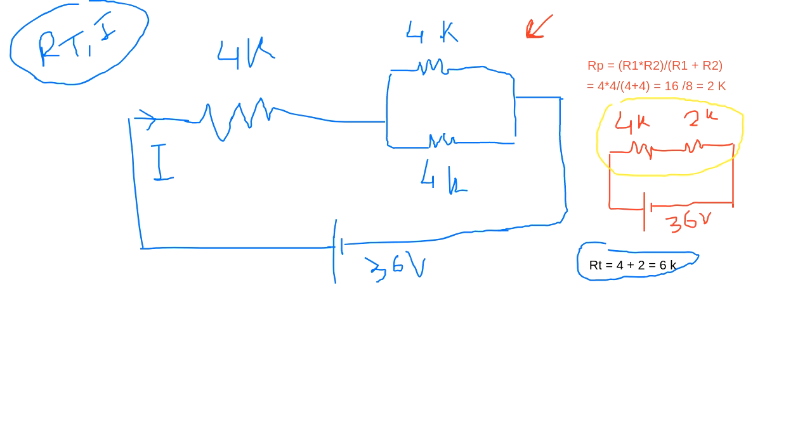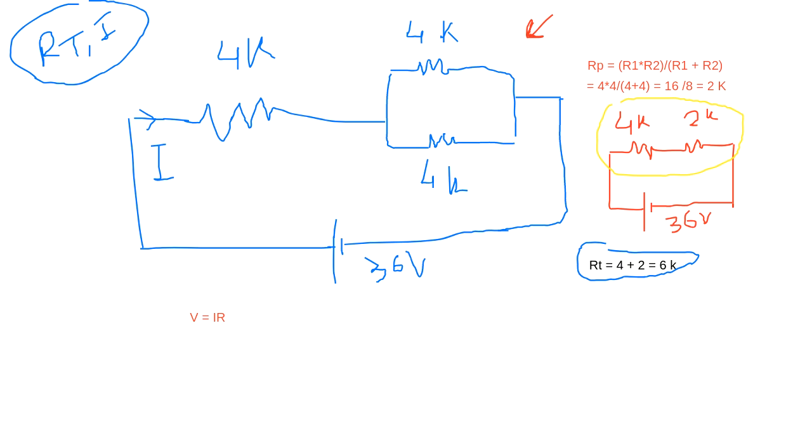Now how much is the current? Who will tell me? For current, it is very simple. You know Ohm's law, V equals I R. It means I will be V by R. So V is how much?